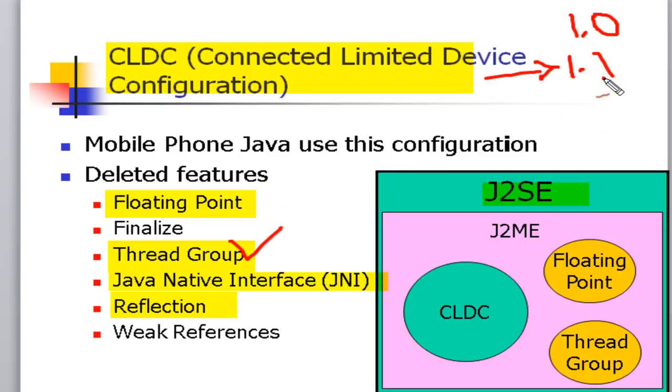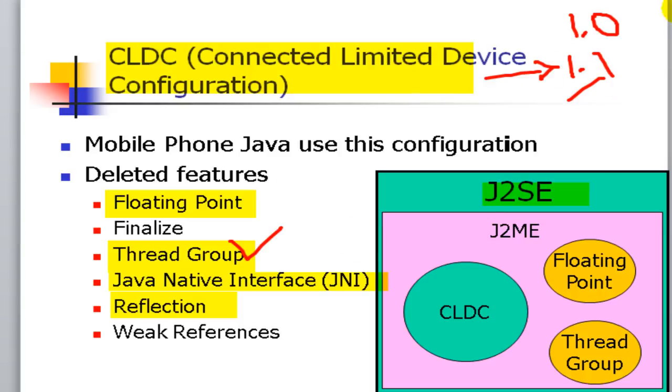In CLDC 1.0, you could apply things on one thread, not on a group of threads. But now you can do that in CLDC 1.1, as in Java SE. Likewise, we have added features in the CLDC 1.1 library which were not in CLDC 1.0. There are a lot of things there, maybe we will discuss them later on.